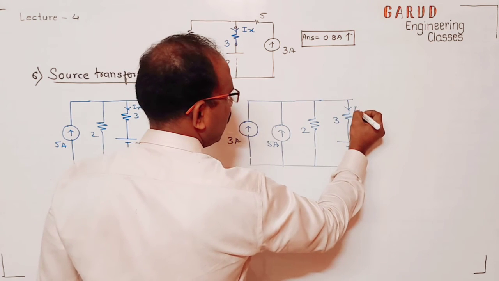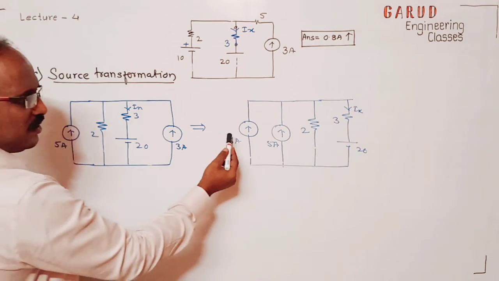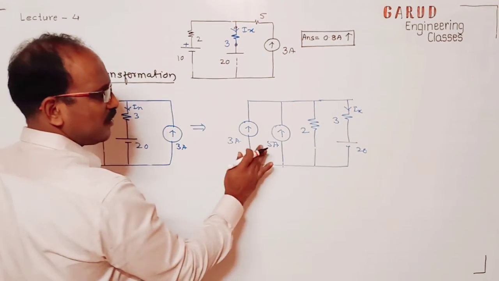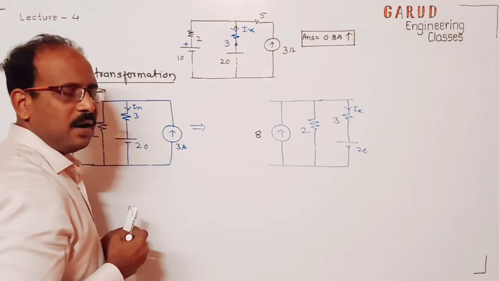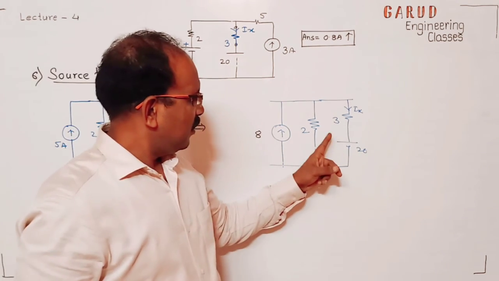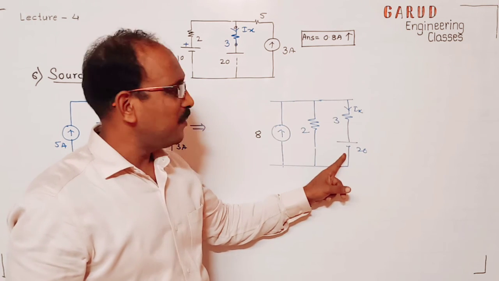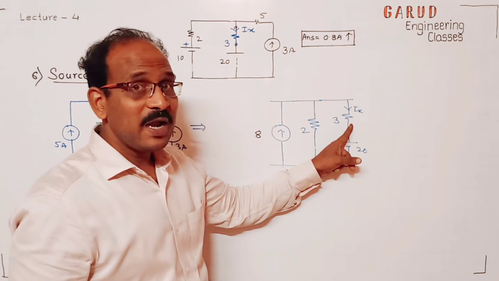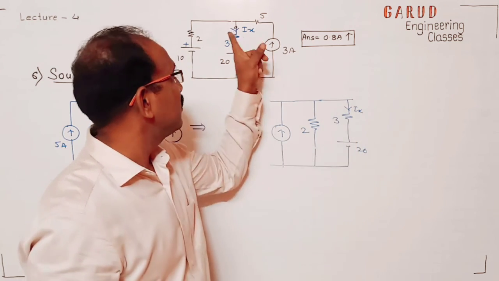This is the required thing, Ix, 20. We can combine this and this. What is this? This is 8. Now this is parallel, so can I convert this into a current source? No, that is not possible because we don't have to touch this branch, as this current is asked in the exam.